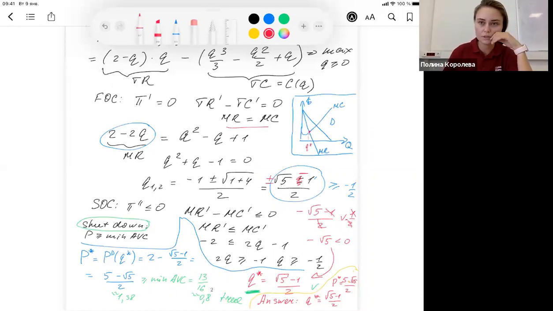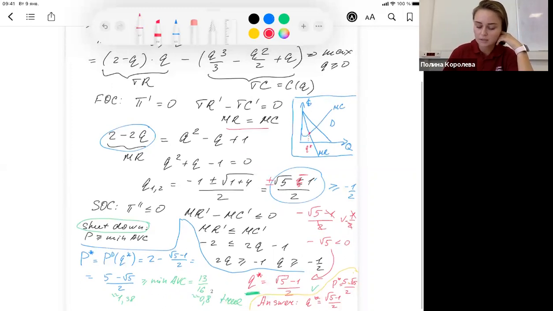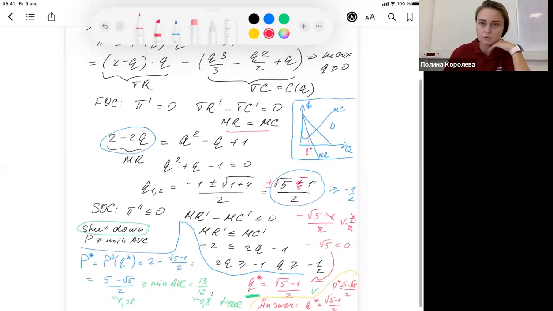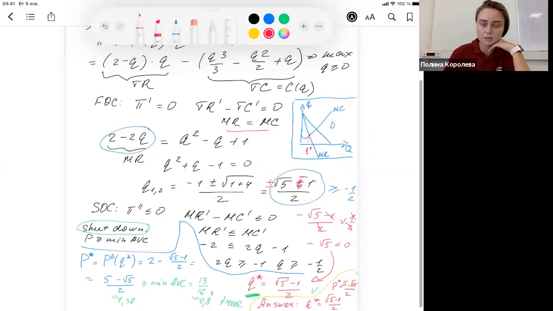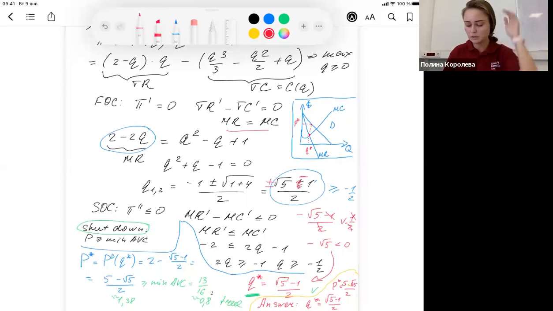And then monopolist wants to charge the price. And monopolist will choose the highest price that consumers will pay. The highest price is where this quantity crosses the demand. So this will be the optimal price of monopolist, because if it charges a higher price, nobody will buy this quantity for such a price.